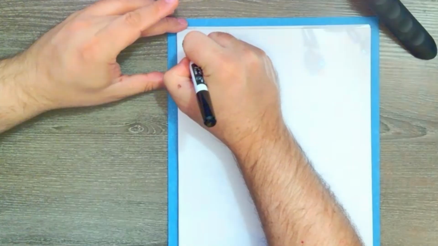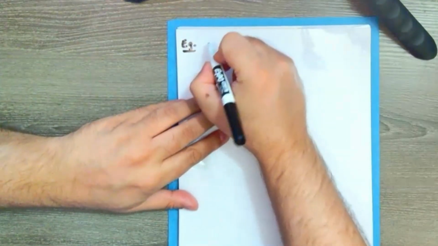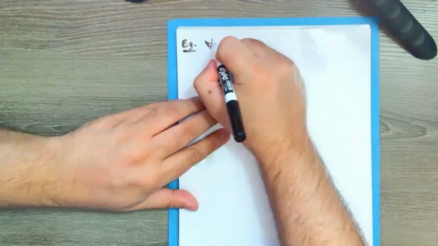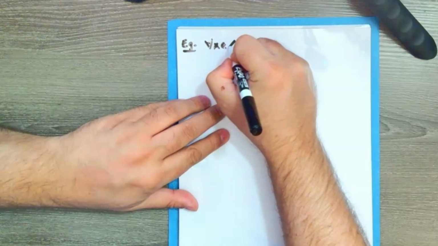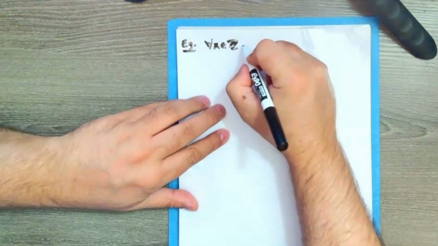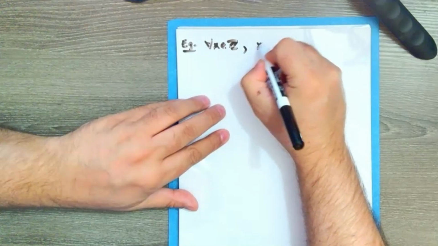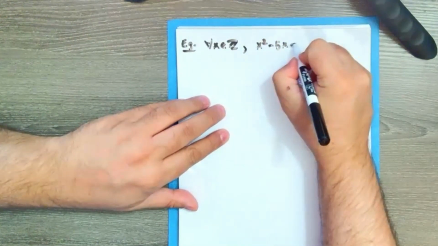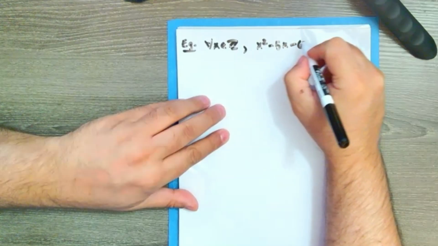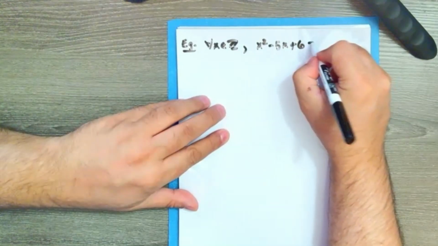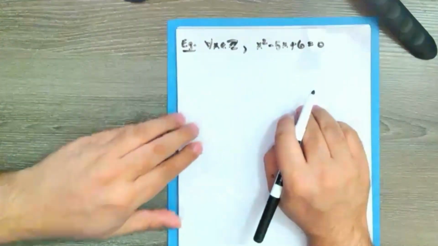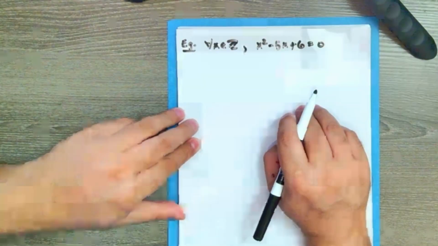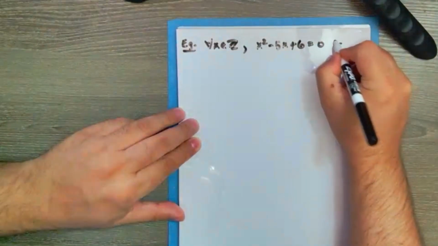So let's look at an example. We look at the statement for every integer x, x squared minus 5x plus 6 is equal to 0. This statement is a false statement.